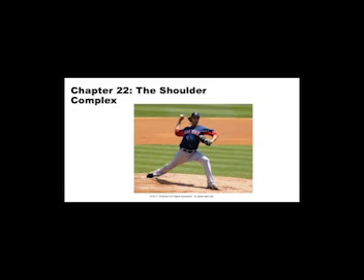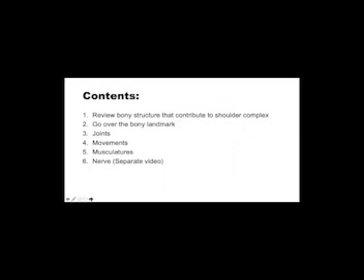So unlike other parts, we're going to spend a lot more time talking about the anatomical structure. And it is important for you to understand what is being involved when somebody's using the shoulder. So the content of this first video is to review the bony structures that contribute to the shoulder complex and go over the bony landmarks.